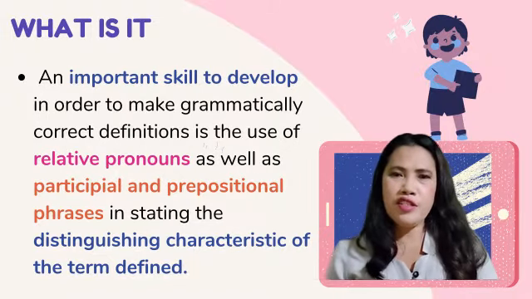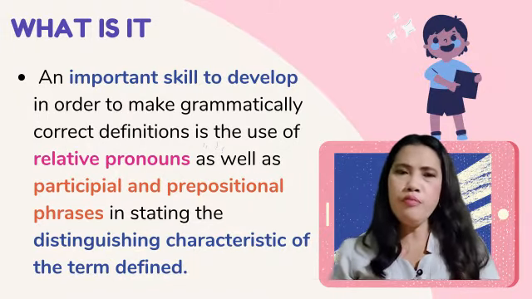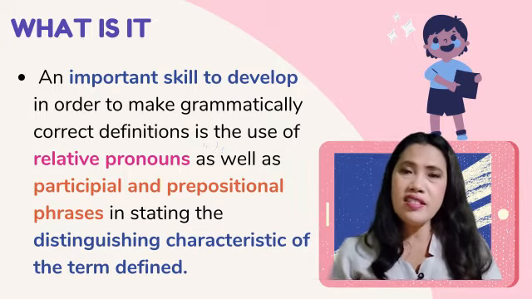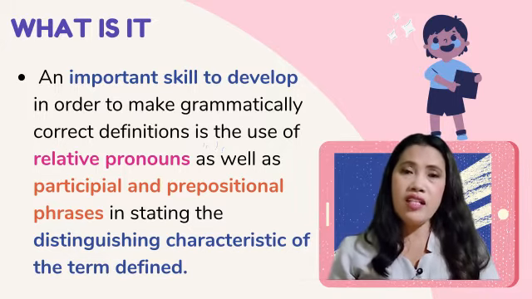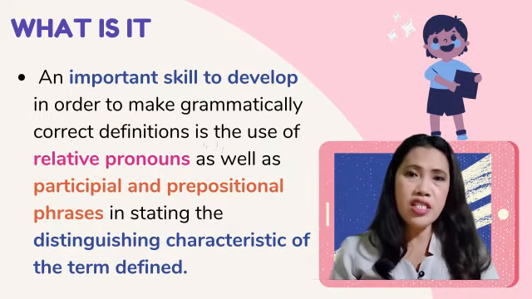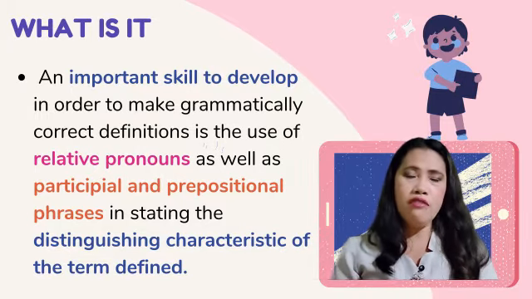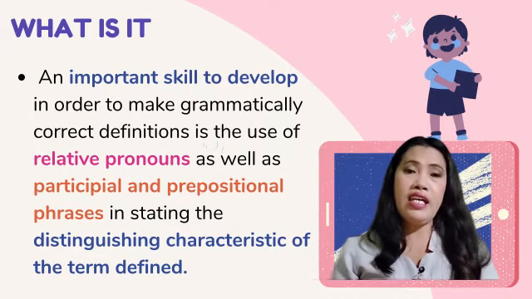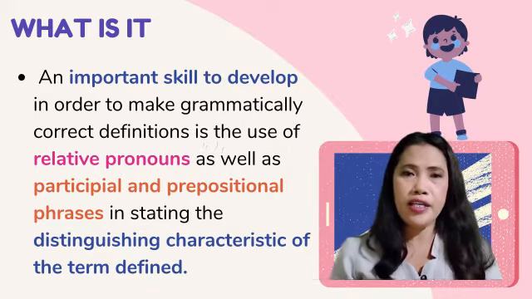Another one to take note of, or that you must bear in mind, is an important skill to develop in order to make a grammatically correct definition: the use of relative pronouns as well as participial and prepositional phrases in stating the distinguishing characteristic of the term defined.